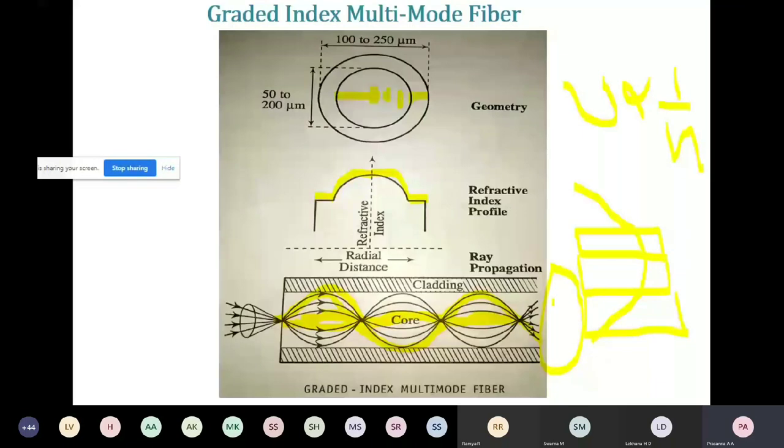The step index multimode optical fiber can be used only for very short distance communication, for example networking of computer cables, or networking within a building, a mall or a complex. That completes the theory part of the optical fibers.